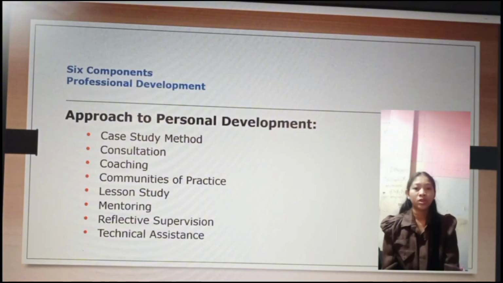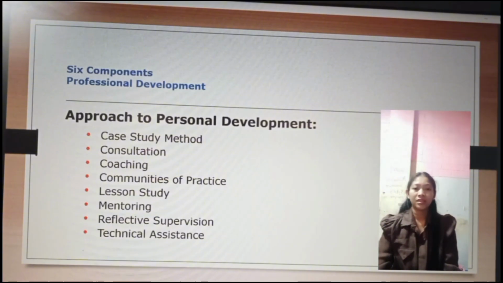Next, communities of practice, joining groups of people who share common interests or profession to learn from each other and collaborate on projects. Example, a group of teachers meeting regularly to share best practices and discuss challenges in their classrooms.